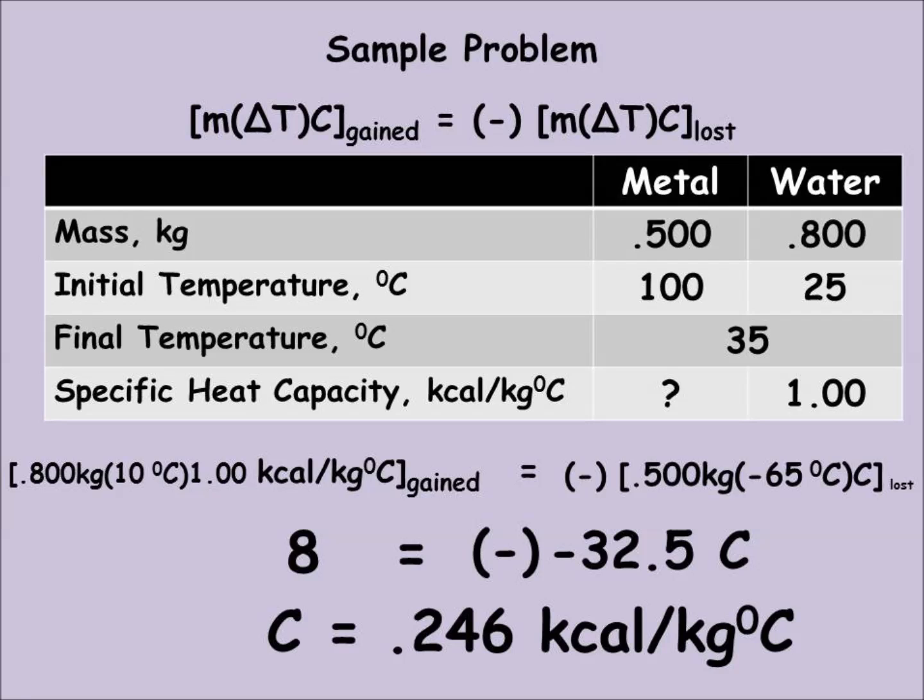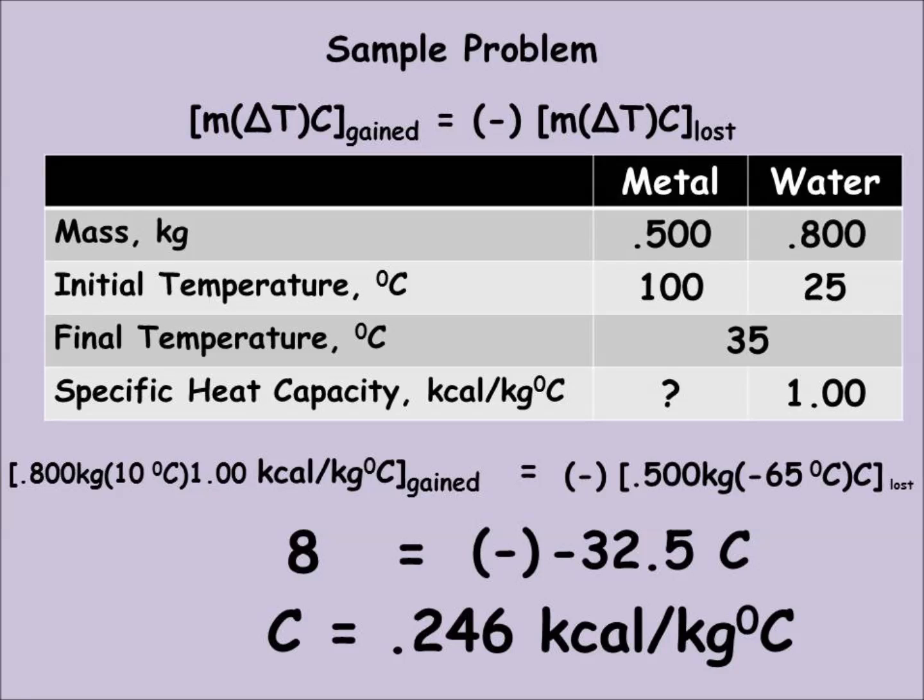Plugging in very nicely, the delta T, you don't have to worry about T. It's T final minus T initial. It's going to be 10 degrees, 35 minus 25, and 35 minus 100 would be negative 65. So that kind of comes out a little bit there on the right side. And make sure that you can verify this yourself. And the specific heat capacity is 0.246 kilocalories per kilogram degrees Celsius.